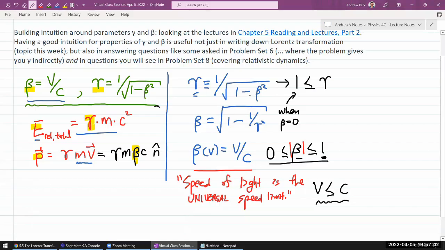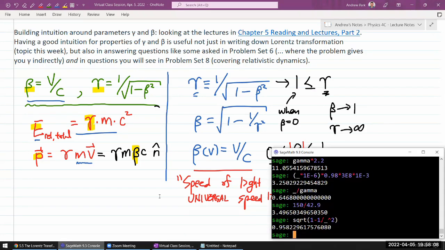So it's a very small number. Square root of a very small number is still kind of small. 1 divided by that small number is large. So gamma has no upper limit. As beta approaches 1, gamma will approach infinity. And that's what you would see on a plot here.